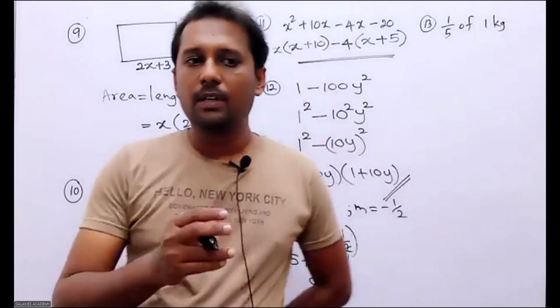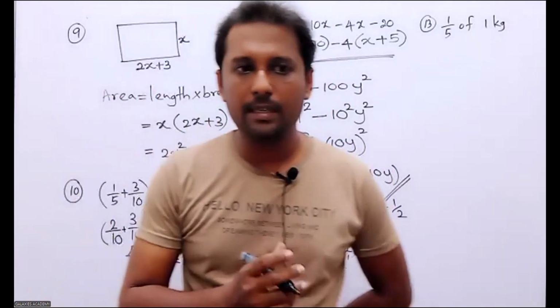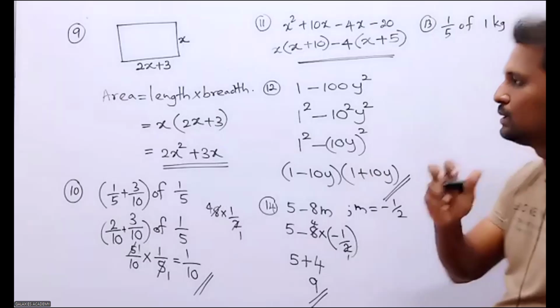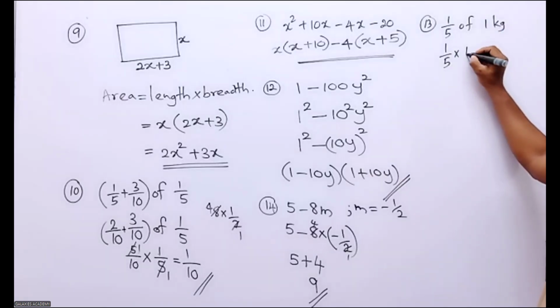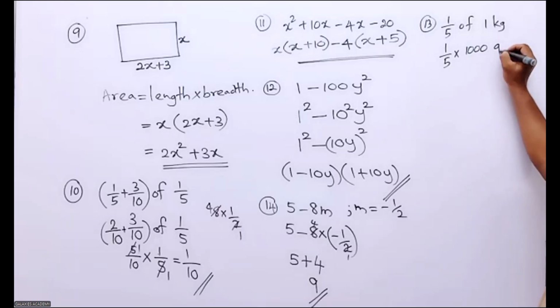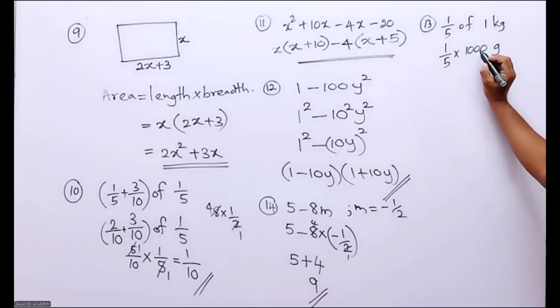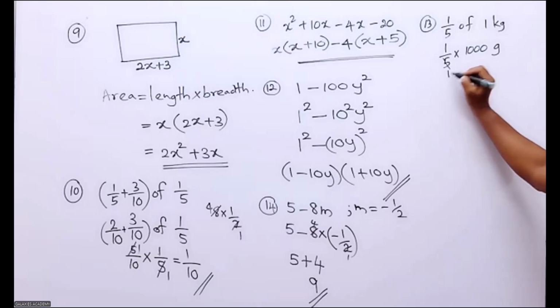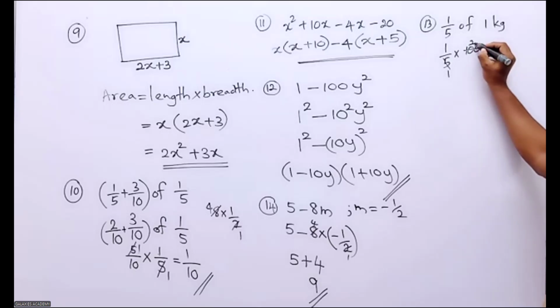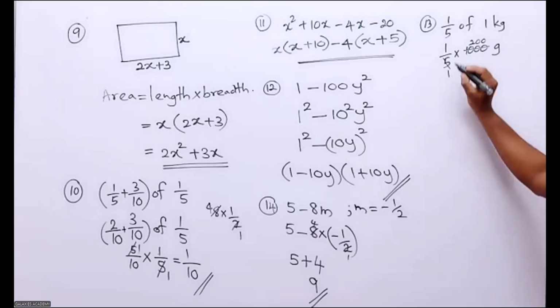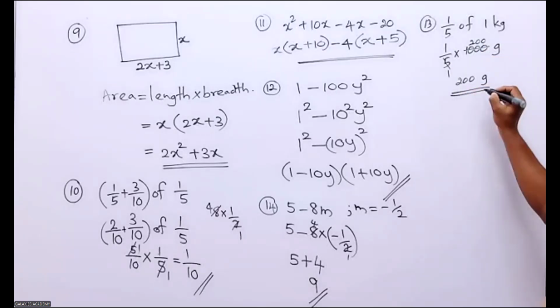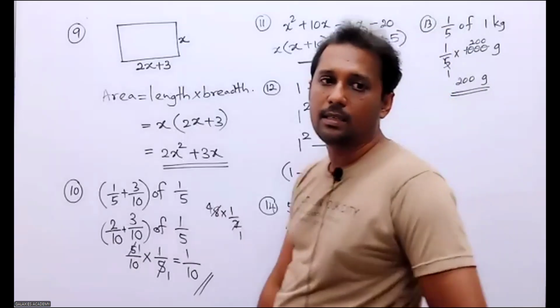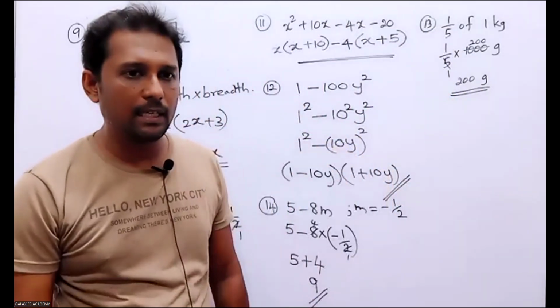Kilograms you can convert into grams, no? So how many grams? 1000. 1 over 5 of means multiply 1000 gram. Then 5 and 1000 you can divide by 5. 1, 10 divide 5, 2 and 0, 0. 1 times 200, 200. So what is the answer? 200 grams. Right?